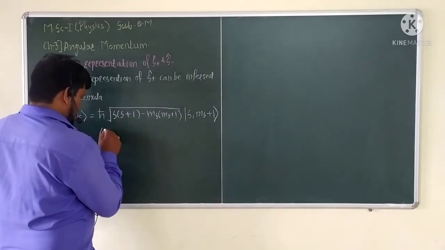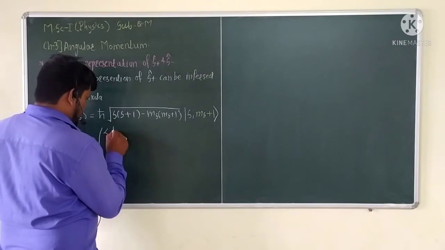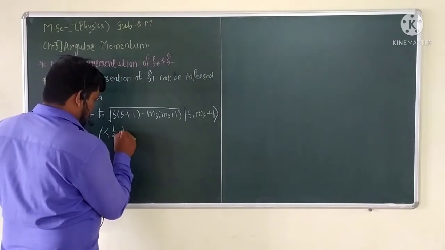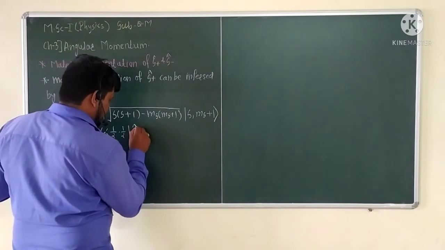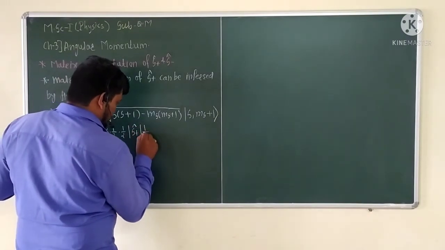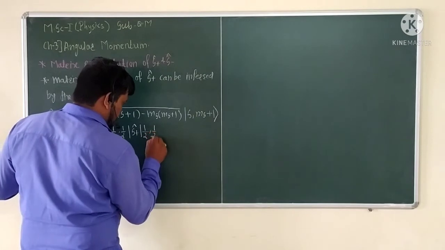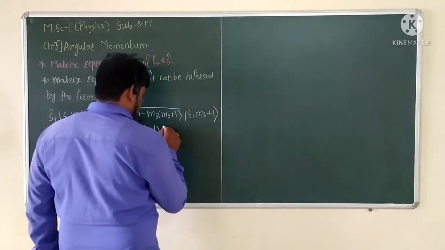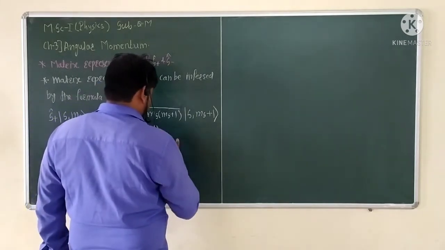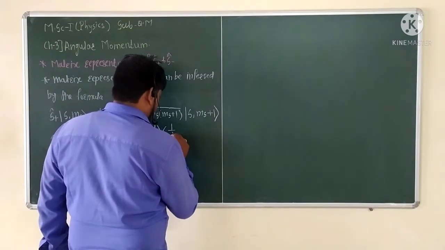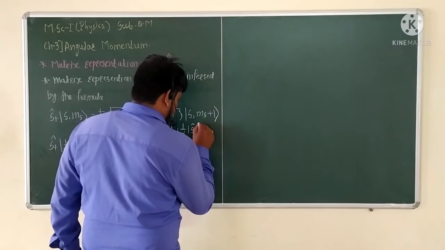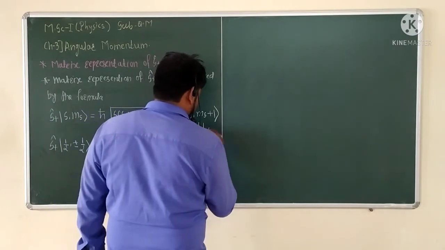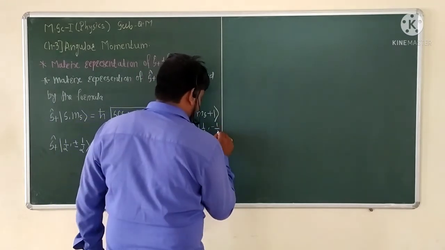It is equal to the combination of the bra of half, half, where S plus operates on the ket of half, half. Next, the bra of half, half, where the S plus operator operates on the ket of half, minus half.